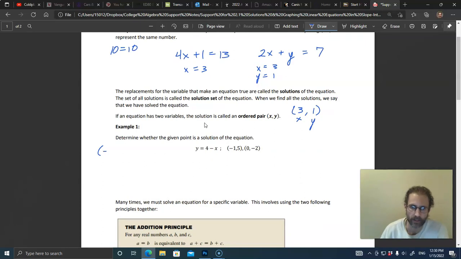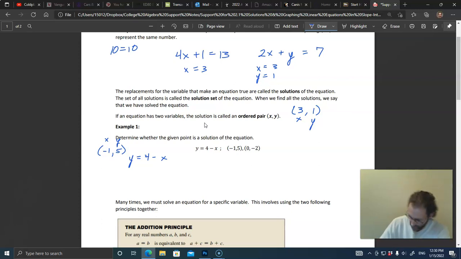So this first one, let me zoom in a little bit. Our first ordered pair is -1, 5. So we know the value for x is -1 and the value for y is 5. So what I need to do is rewrite my equation right here. So y is equal to 4 minus x. And I need to plug these numbers in for x and y.